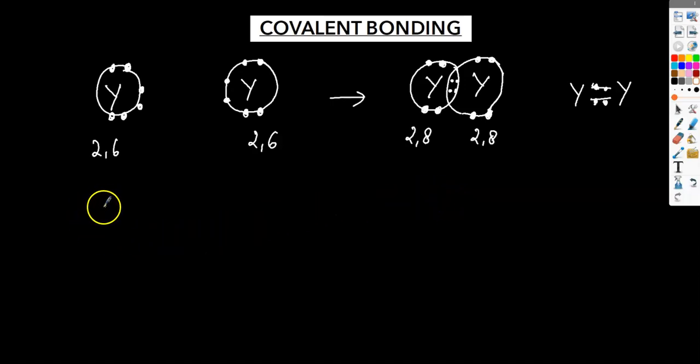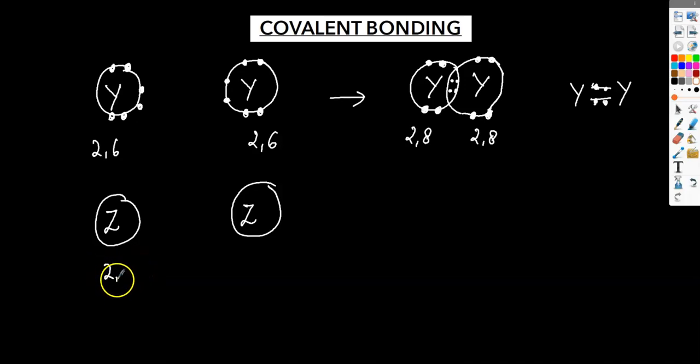Now let's see how a triple covalent bond is formed. Suppose we took two non-metallic atoms again, which have electronic configuration 2,5 each, with 5 electrons in the outermost or valence shell.